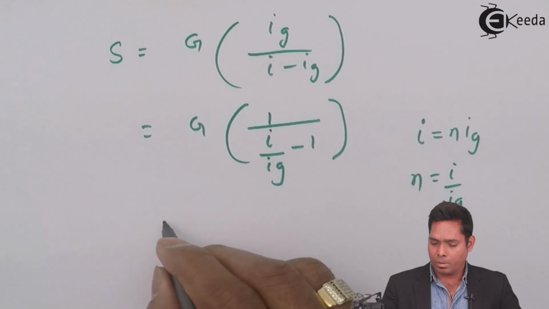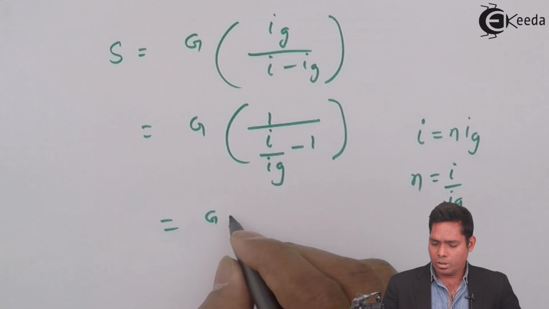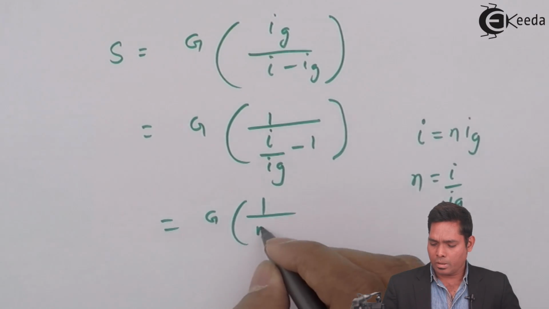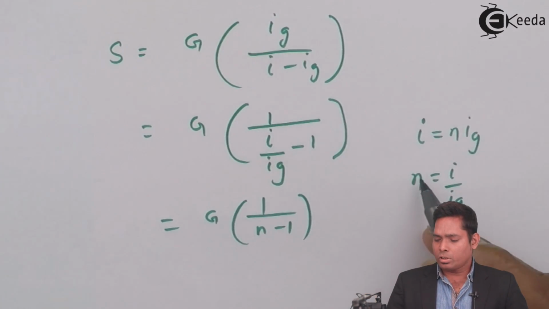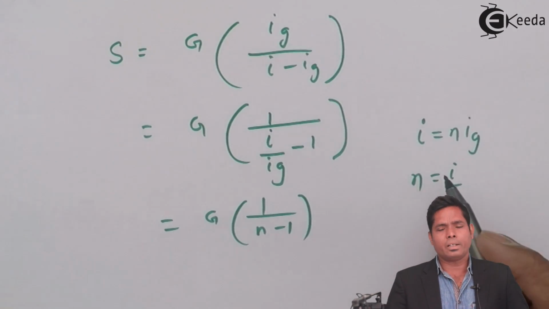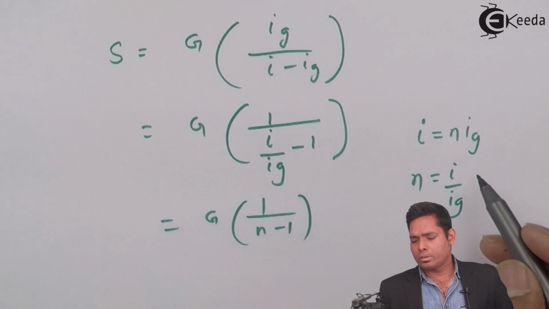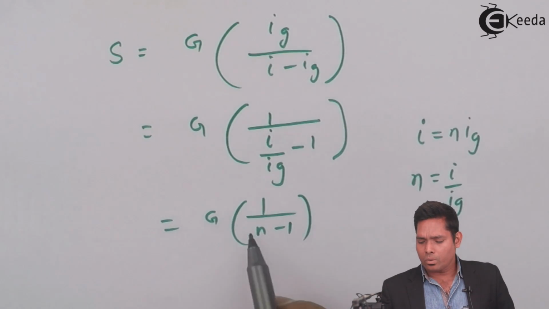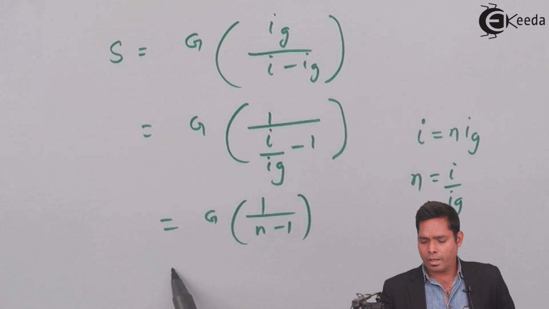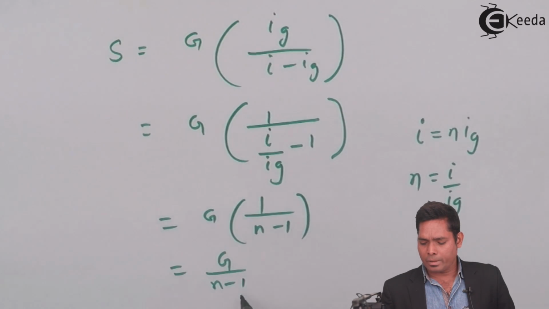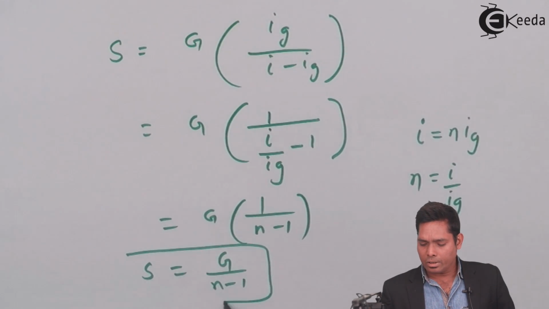So this is the number of times the current is increased. So this is G into 1 over N minus 1. This is the number of times the range is increased when the shunt is taken into account. So therefore S is G divided by N minus 1. This is the shunt that is used.